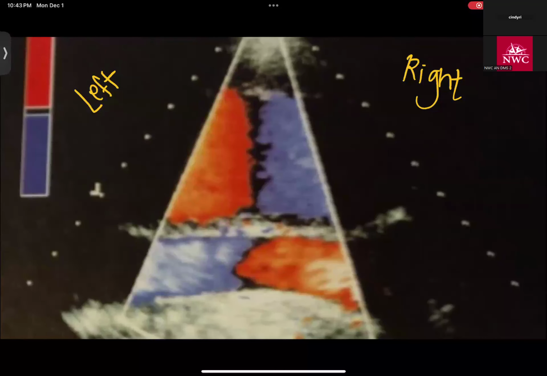Okay, next, they're going to show you a picture that looks like this. And they're going to ask you, what is the direction of flow? So they might say, what is the direction of flow in the top vessel or the bottom vessel? So first of all, you want to point out some things about it. Make sure you're looking at the color map.